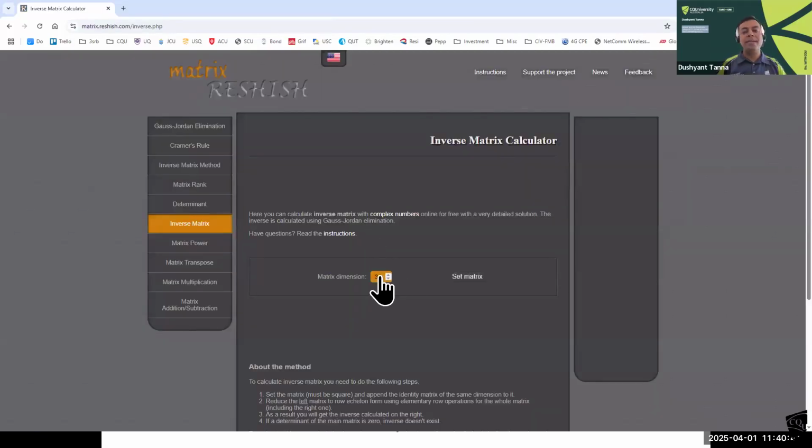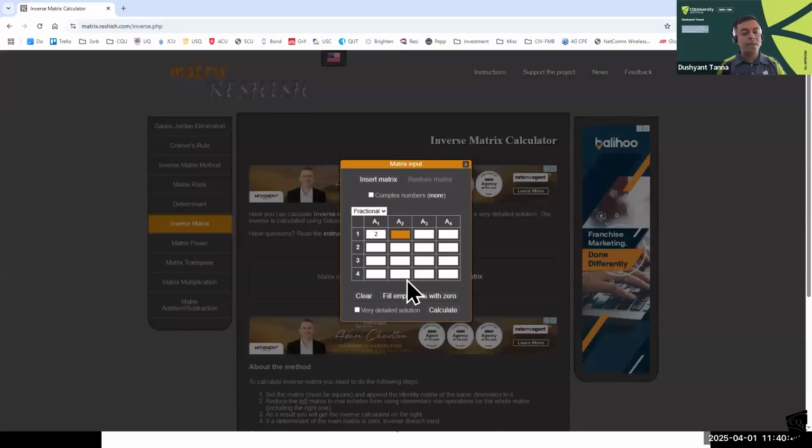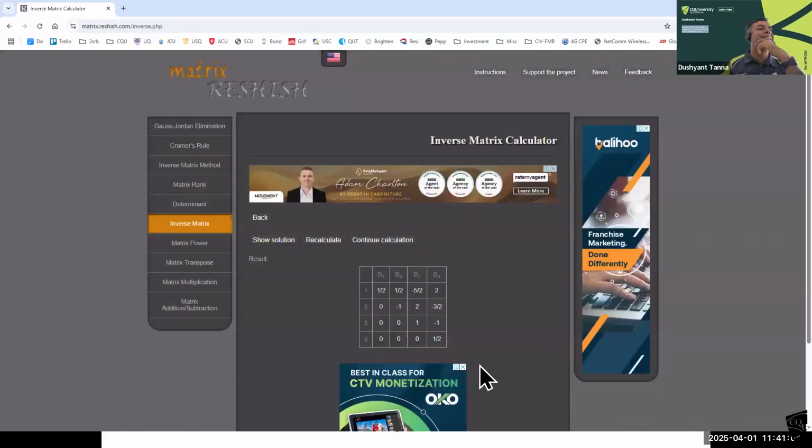Don't play tricks here. Set the matrix: 2 and 1, then 3 and 1, and 0, minus 1, 2, 1, 0, 0, 1, 2, 0, 0, 0, 2, and calculate. It will calculate its inverse as a final answer.